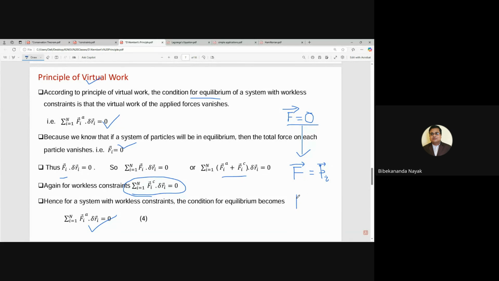So I can make it 0 by writing F minus pi dot is equal to 0. So now the right hand side is the same, 0. D'Alembert tried to make a dynamic system into a static system.